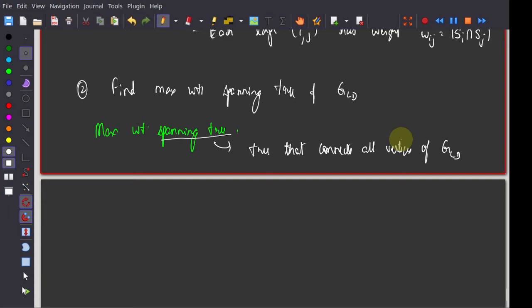So there are multiple spanning trees for this given graph. A spanning tree only has a certain number of edges, right? You basically get it by throwing away some of the unnecessary ones. Now, the weight of the spanning tree is the sum of the weights on the edges which remain in that particular tree, and you choose that spanning tree which maximizes the weight.